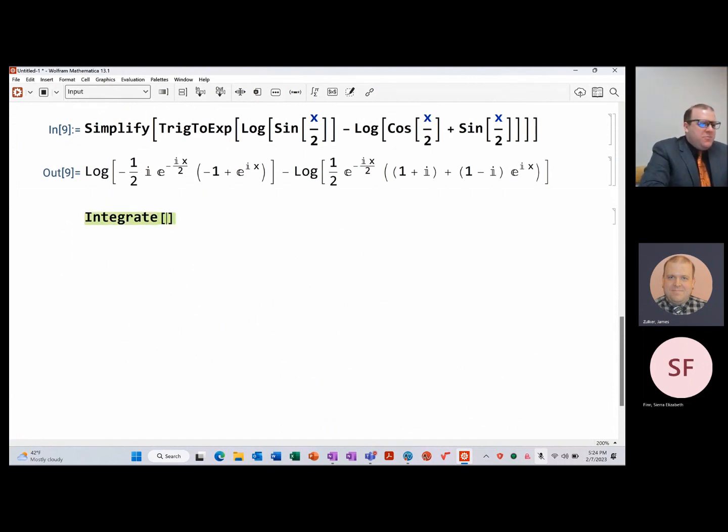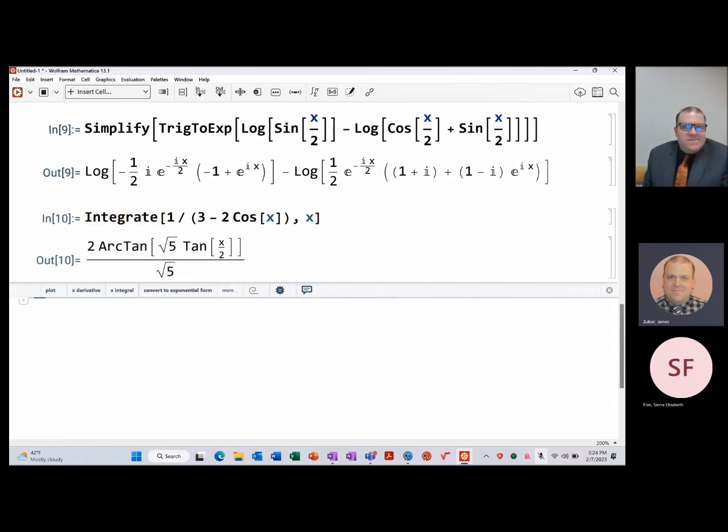And so integrate, we want 1 over 3 minus 2 cosine of x with respect to x. And let's see what this gives us.